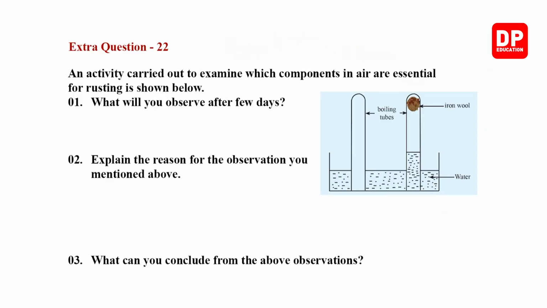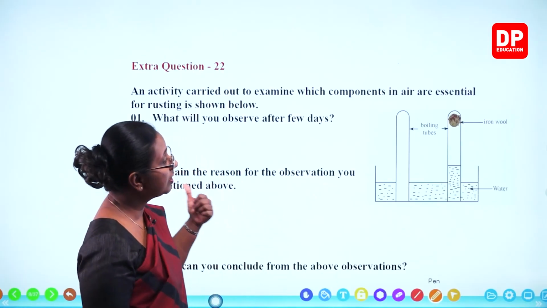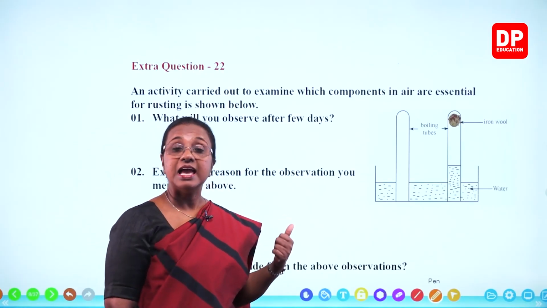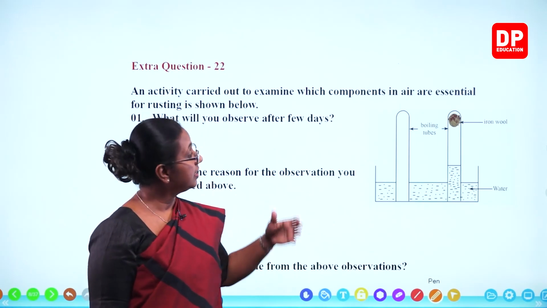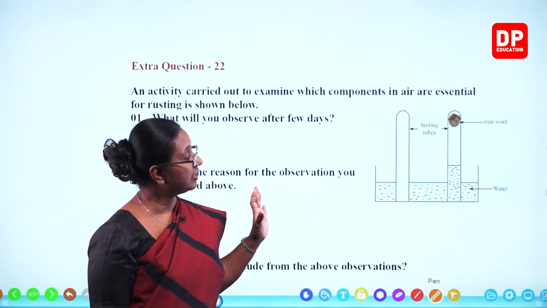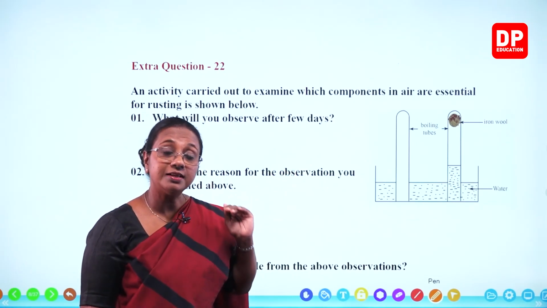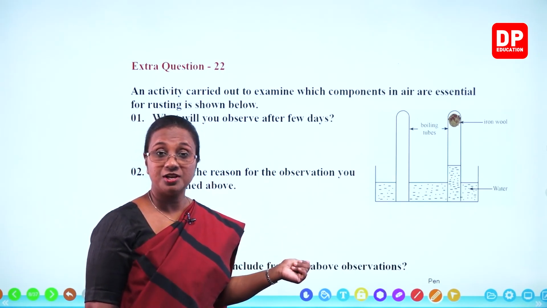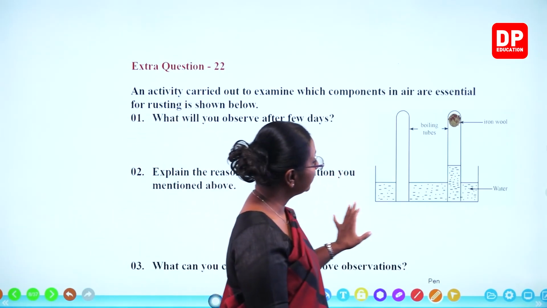That is extra question 22. Here also you can see an activity carried out to examine which components in air are essential for rusting, as shown below. In the previous one we already understood that air is essential for rusting. Now we look at this activity where we try to understand what component of air is essential for rusting. So what do we do there?